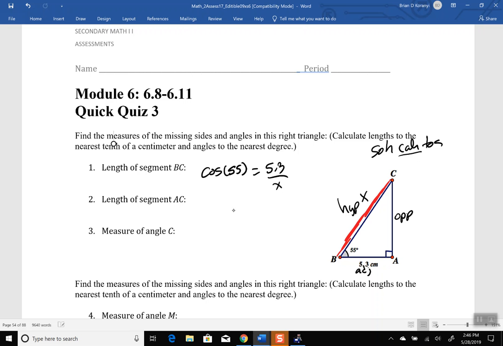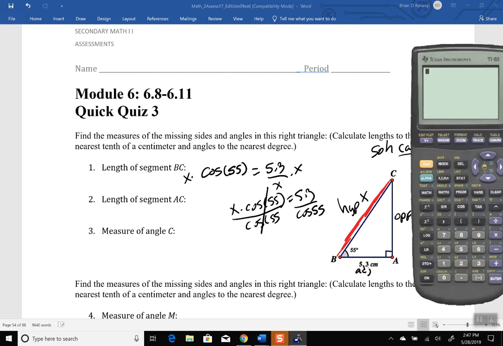And to solve for x, you'd multiply both sides by x, and you get x times cosine of 55 equals 5.3, and then we can divide both sides by cosine of 55. So the end result is 5.3 divided by the cosine of 55 degrees, and you get 9.24.